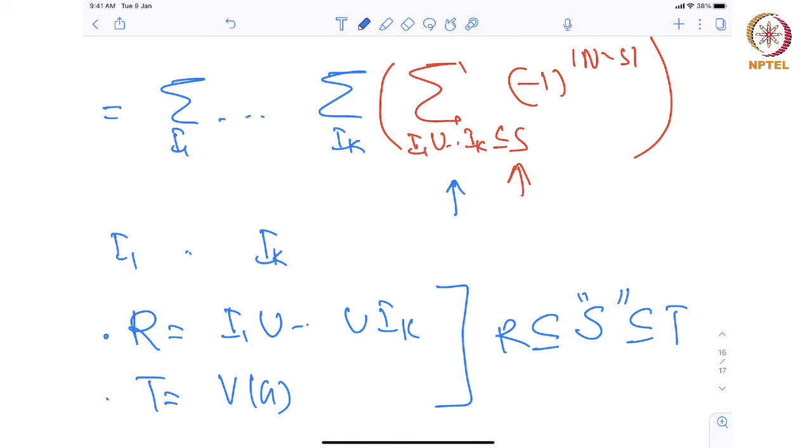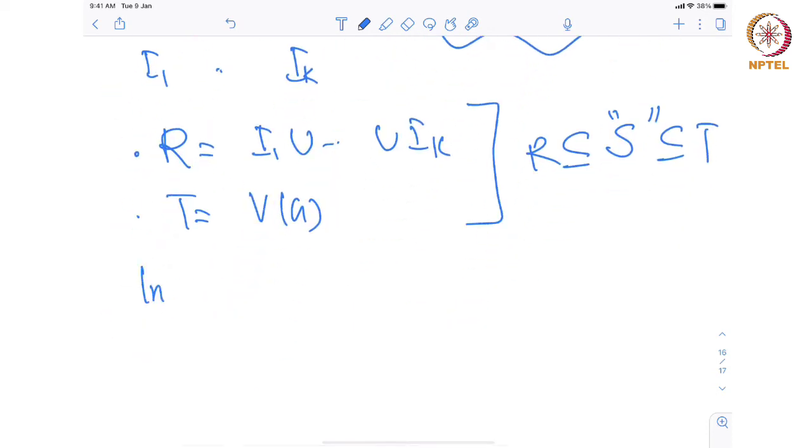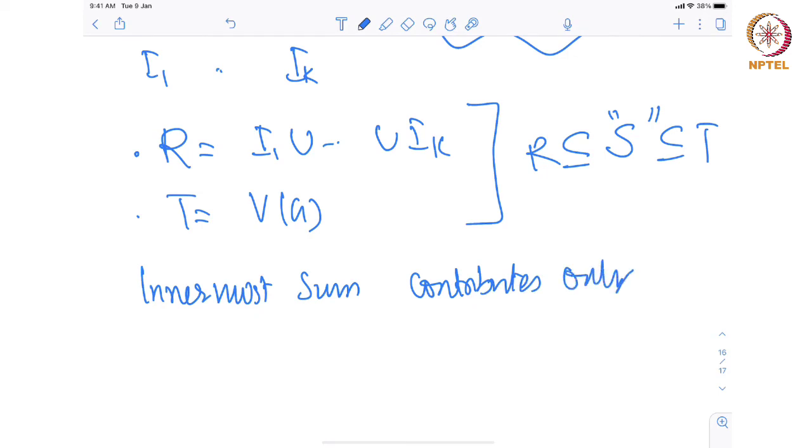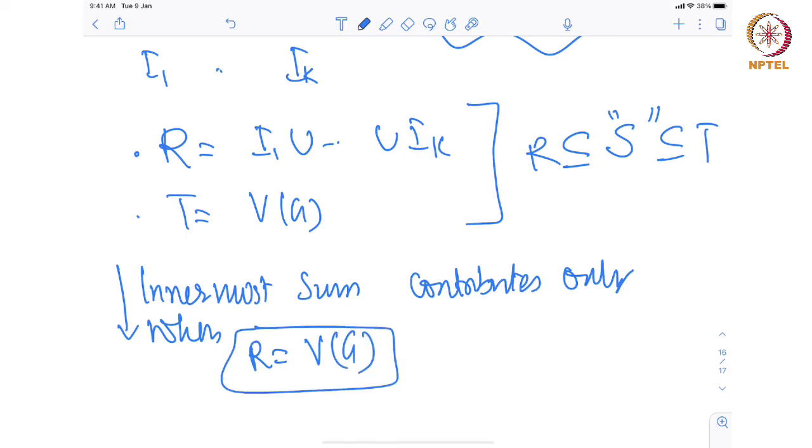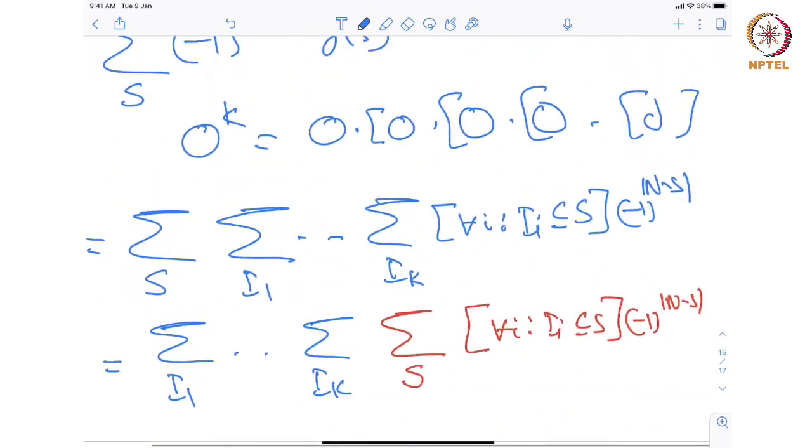So this innermost sum contributes only when R is equal to the vertex set of G, right?